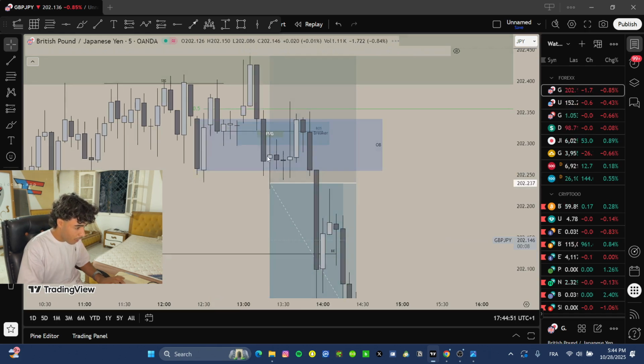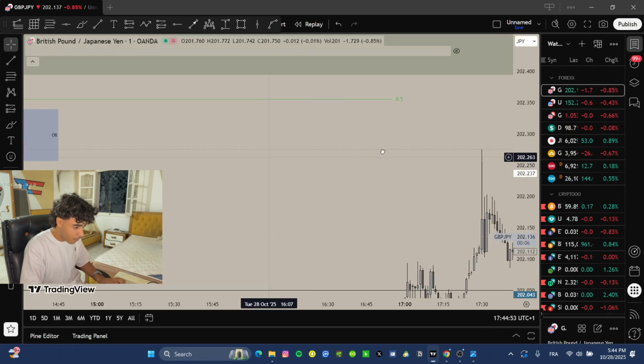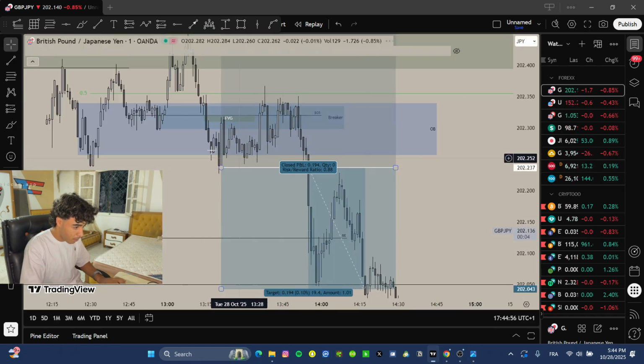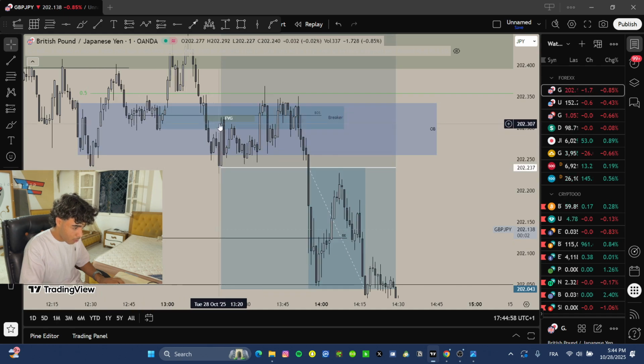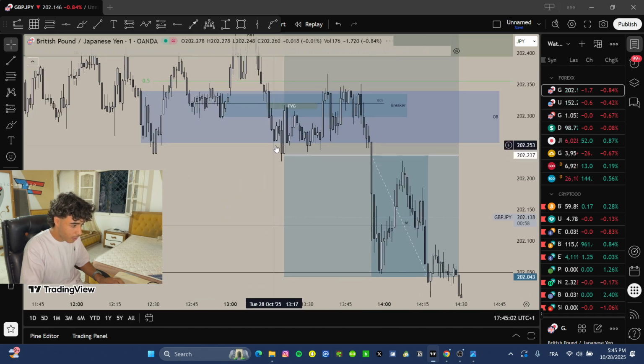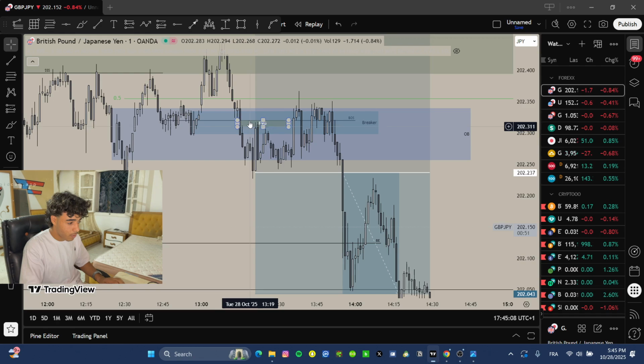I didn't wait for my perfect entry: the breakout structure, then retracing back into the fair value gap and the breaker block. Right when I saw the breakout structure, I jumped into the trade right away. Instead of waiting for price to come up and fill this breaker block and then taking it, I entered right here.